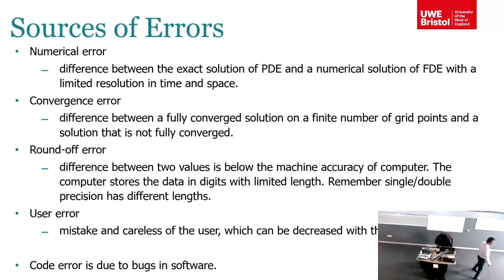Then user error: a wrong assumption, wrong boundary conditions, or something wrong by the user will lead to errors. And before that, there could be another source of error, coding error, meaning the person who has written the code might have made a mistake. So these are the sources of errors.